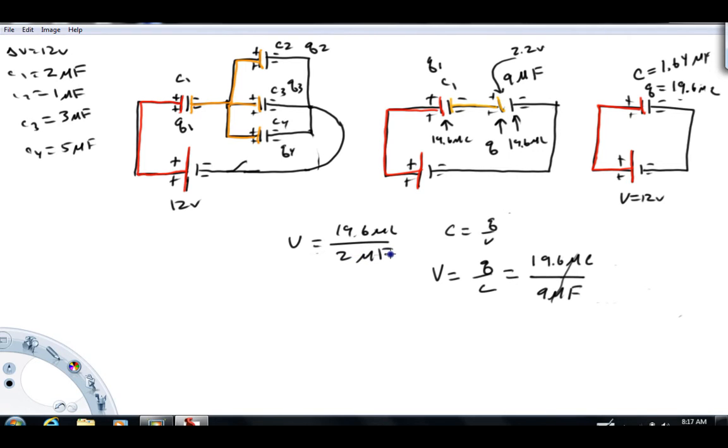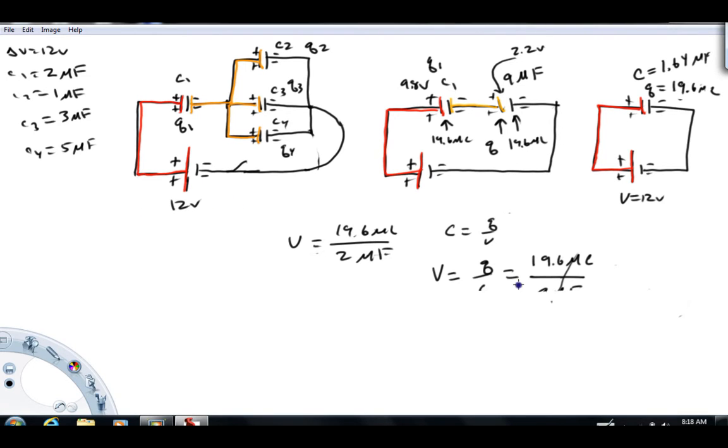Right, so let's see, 19.6 over 2 here. Okay, we get about 9.8 volts across this. So now we know the voltage and charge on both of these capacitors. I'm going to take a little note here that when we add these, 9.8 and 2.2, they add to about 12, and they should. Notice we're going from red to black, and the red to black is a 12-volt potential.